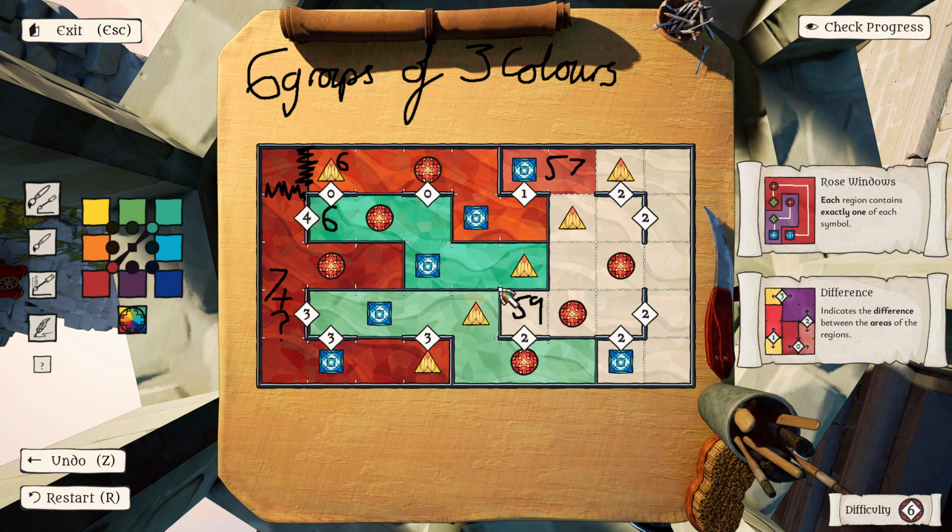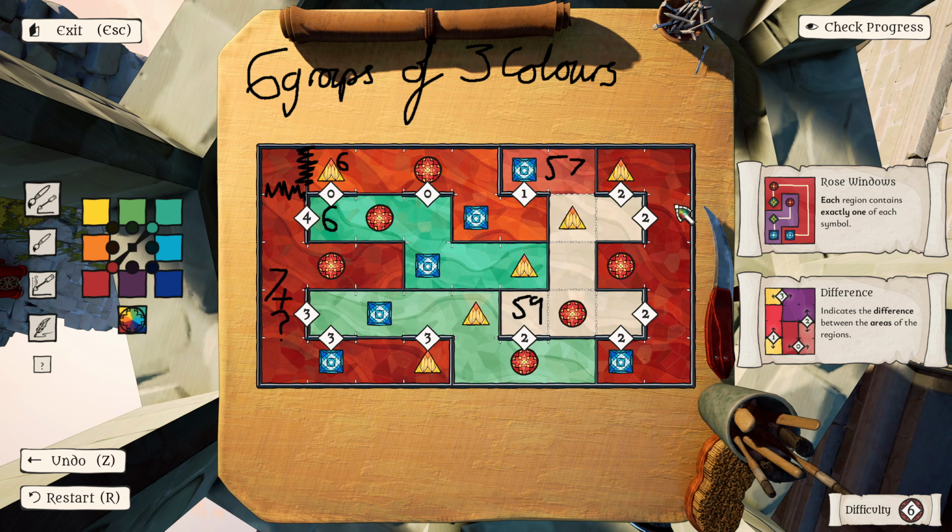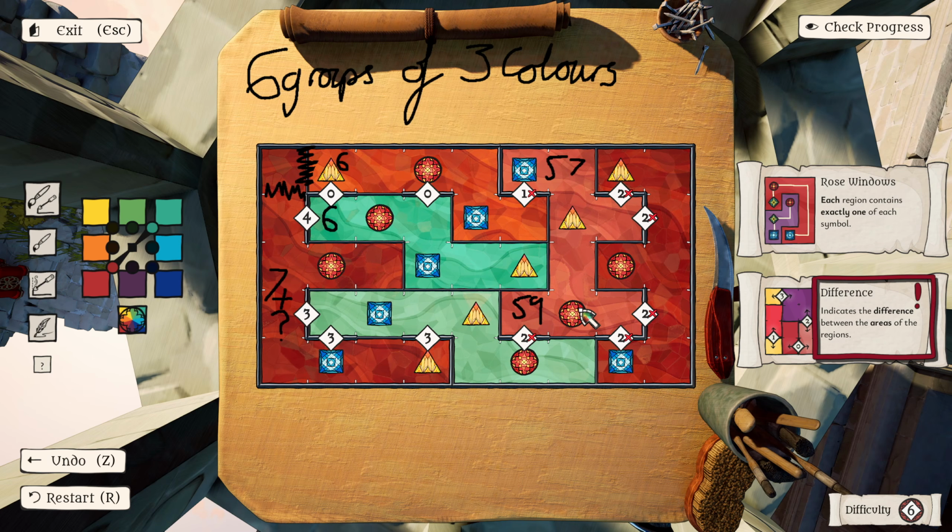There's only 2 regions left. This blue would have to get this red and this yellow for 8. There's no way that works out. 8 and 8.